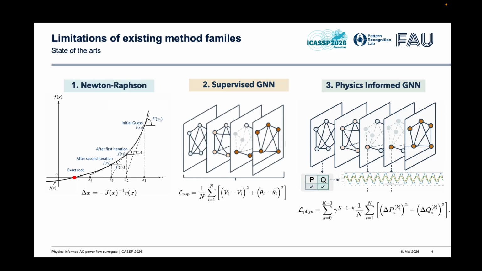Third, the recent paradigm, physics-informed graph neural network, somewhat solved this problem. But it still has limited structure awareness, and there is no mechanism that guarantees physically plausible behavior at inference.